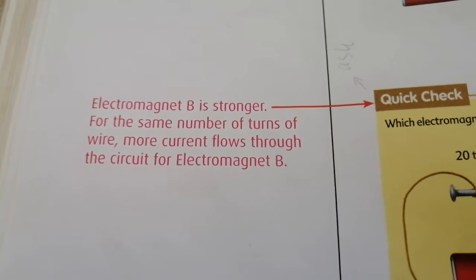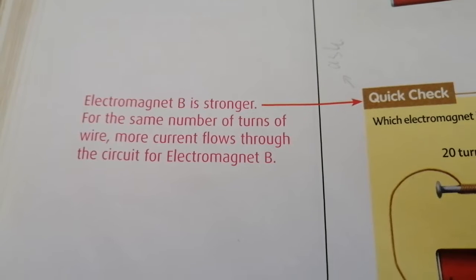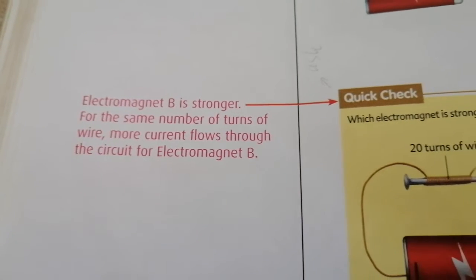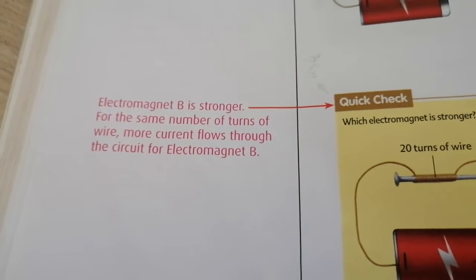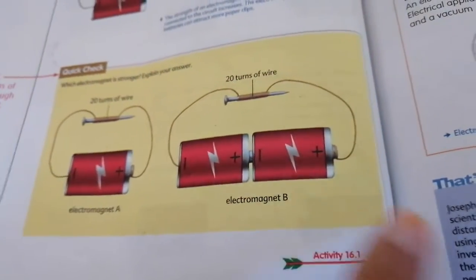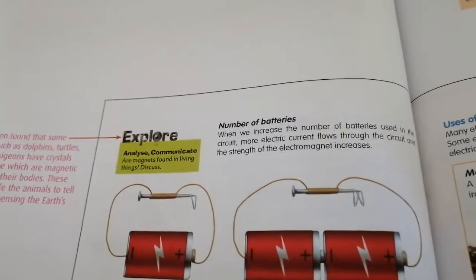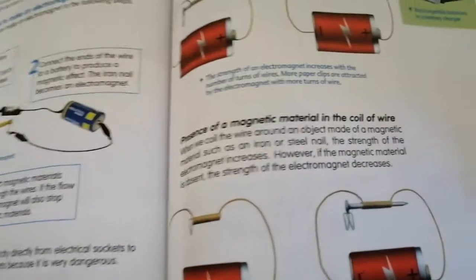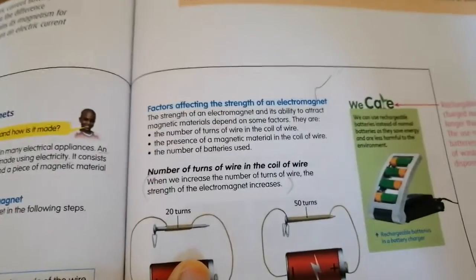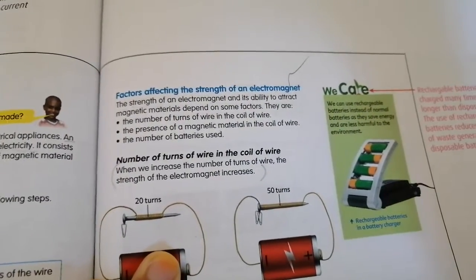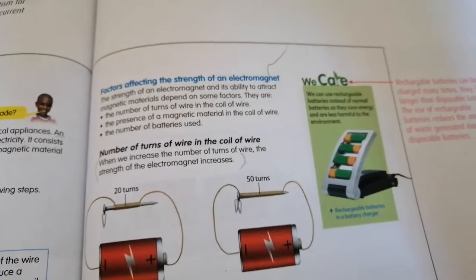For the same number of turns of wire, more current flows through the circuit for electromagnet B. Why? Because it has 2 batteries. Understand? Still remember the factors increasing the strength of the electromagnet: the number of batteries, the presence of magnetic material, and the number of turns of wire in the coil.